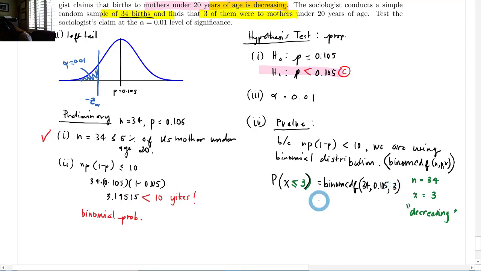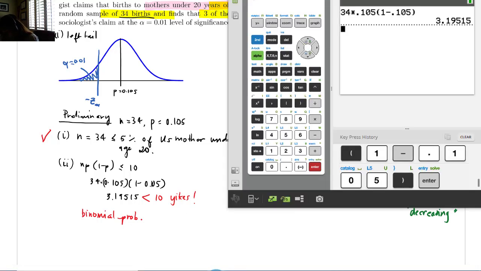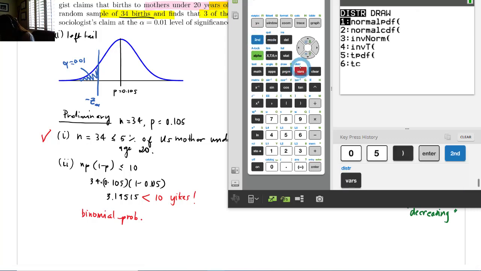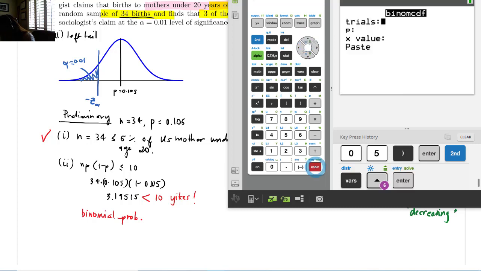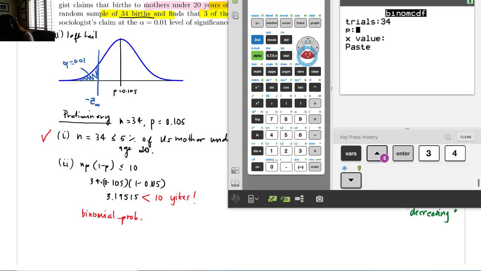So let's put it in the calculator. The binomial distribution is in the distribution menu, second vars, and remember it was B. So we had 34 births, and the probability that those births had mothers younger than 20 is 10.5%.